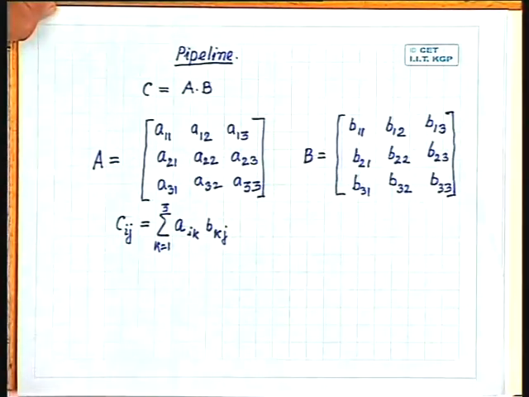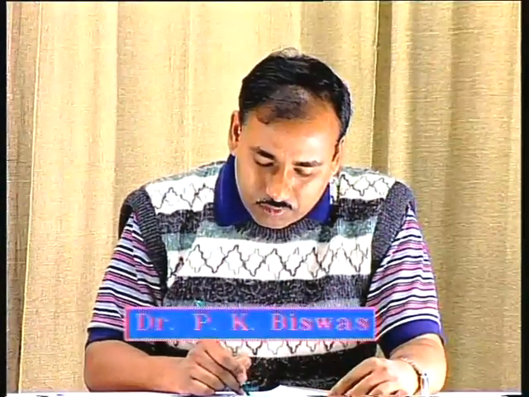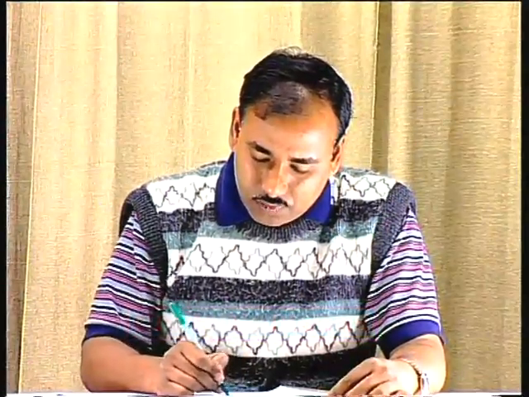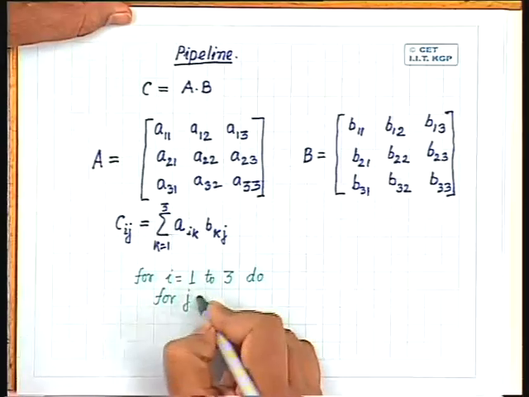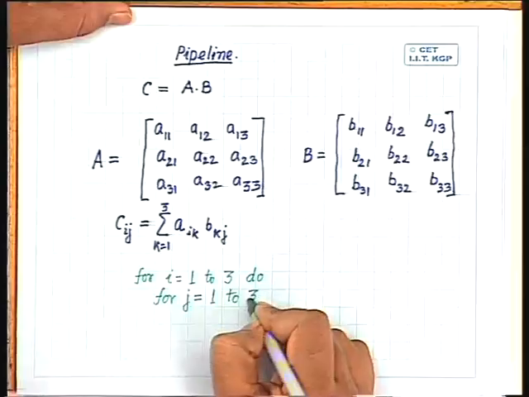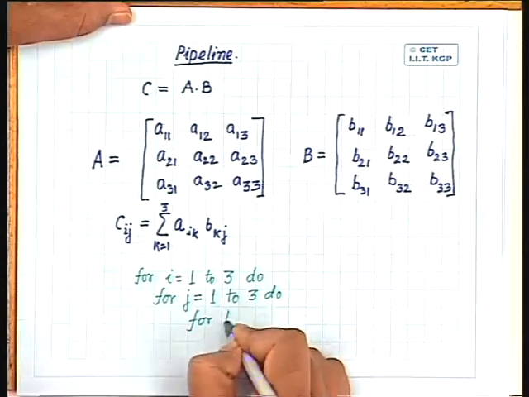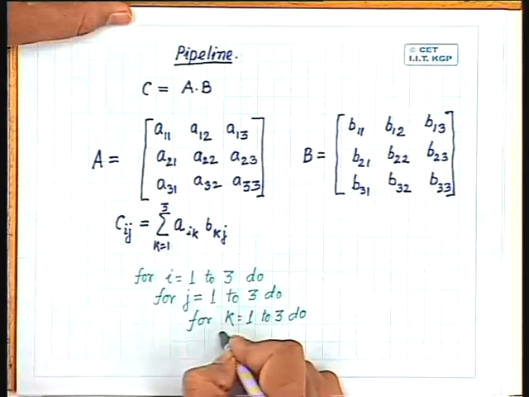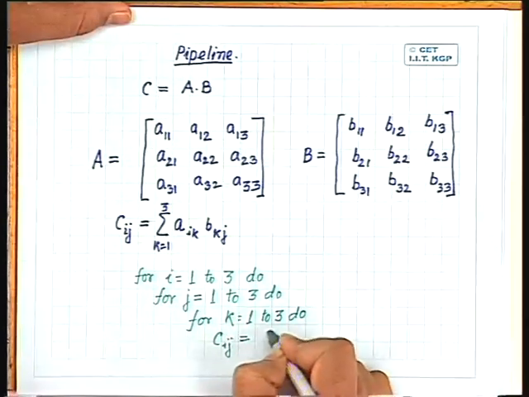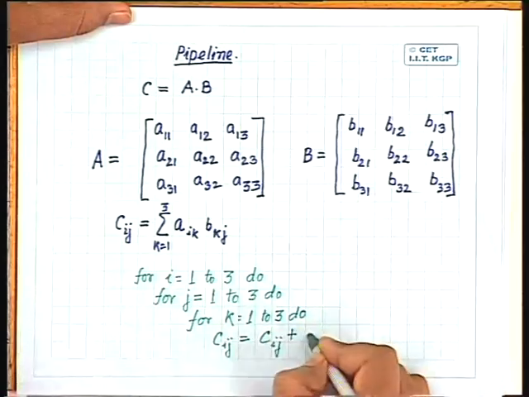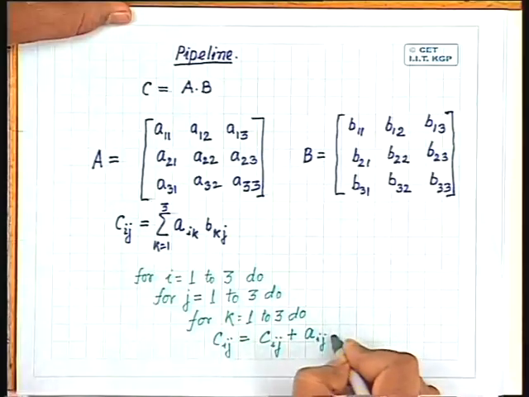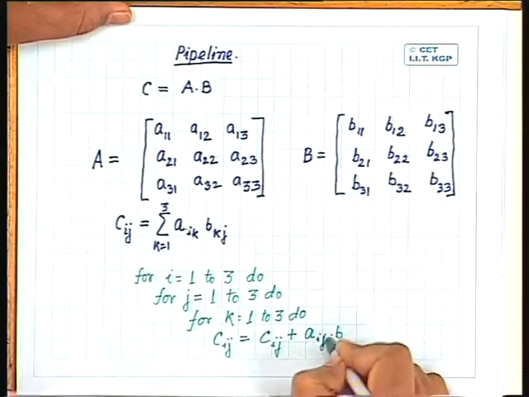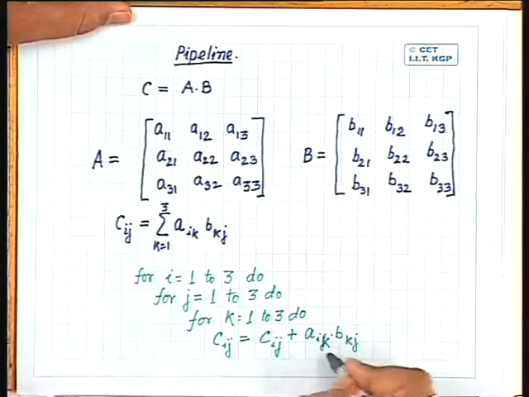And if we write a program for creating this matrix C, the program will simply look like this, that for i equal to 1, 2, 3, do for j, and so on.